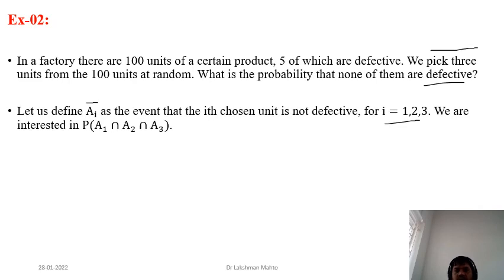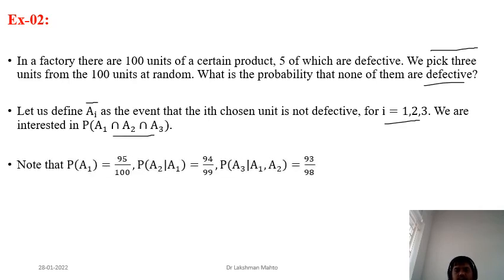Okay, in order to calculate the desired probability, we have to calculate the probability of A1 intersection A2 intersection A3. So what do we do? First, we can easily calculate the probability of A1. Among 100 units, 5 are defective, so the probability of A1 would be 95 by 100.